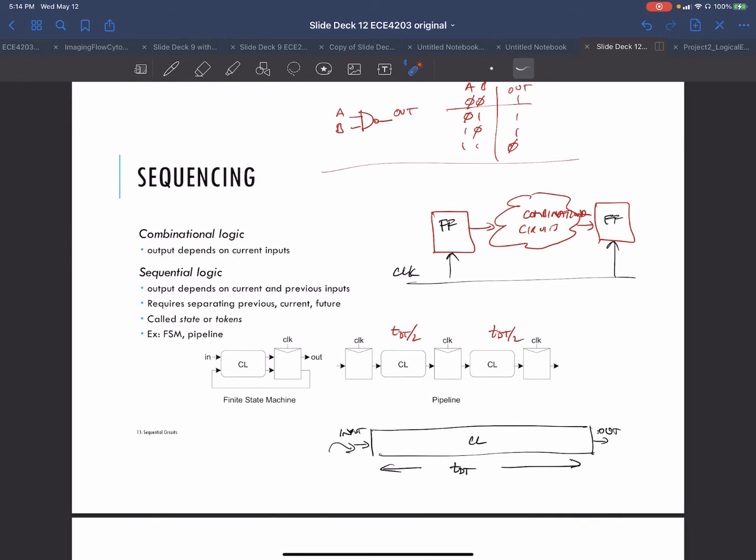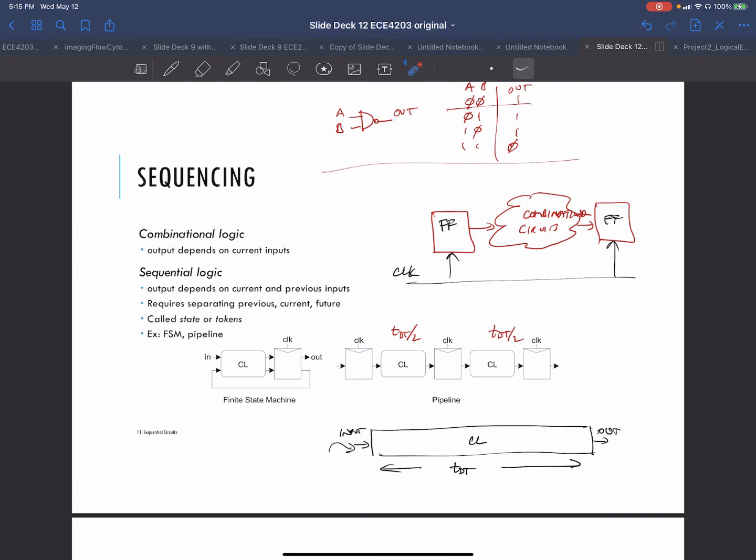So you've essentially increased your throughput by a factor of 2, where you can keep feeding this thing data at a rate of T delay over 2. The total latency from the input coming in to the output would still be the total T delay, but you can fill this pipeline with more data and you can get more throughput.